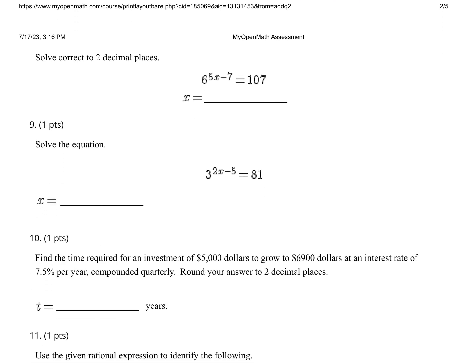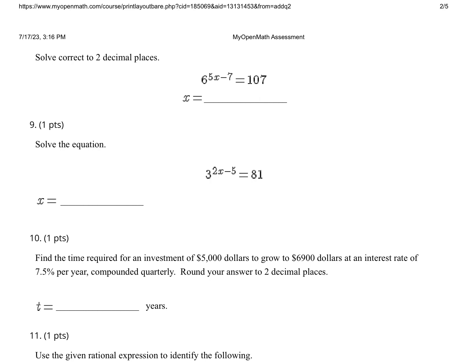All right, number 8, solve correct to 2 decimal places. That's weird directions, but you want to solve and then round correctly. So 6 with the exponent of 5x minus 7 is equal to 107. For this one, we could rewrite in log form.